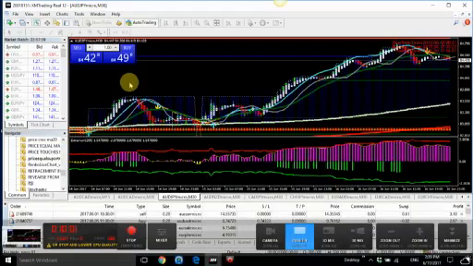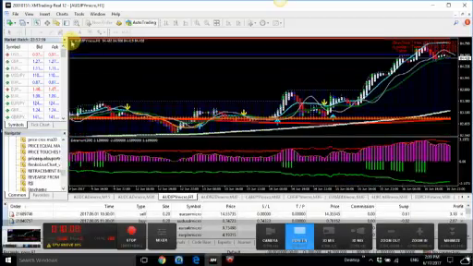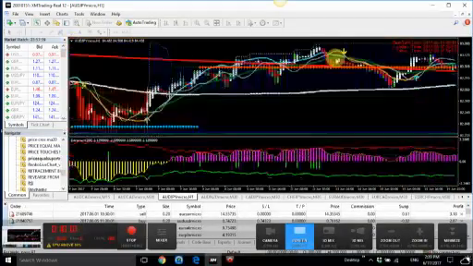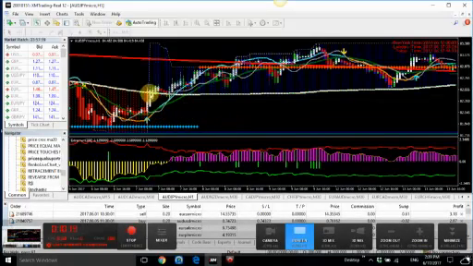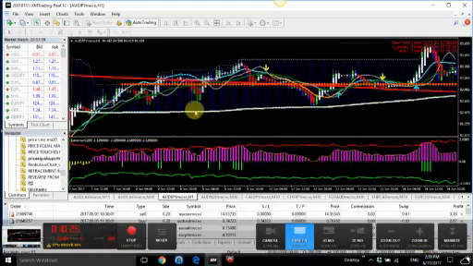Let's say, for example, you've taken that trade with 30 pips take profit and 30 pips stop loss, and this trade has gone 30 pips, giving you your profit. You want to find your way back into this trade, so definitely you have to go and wait.